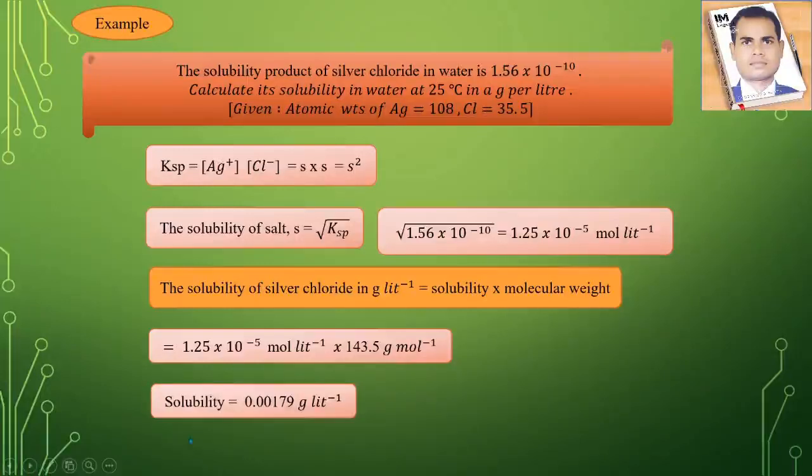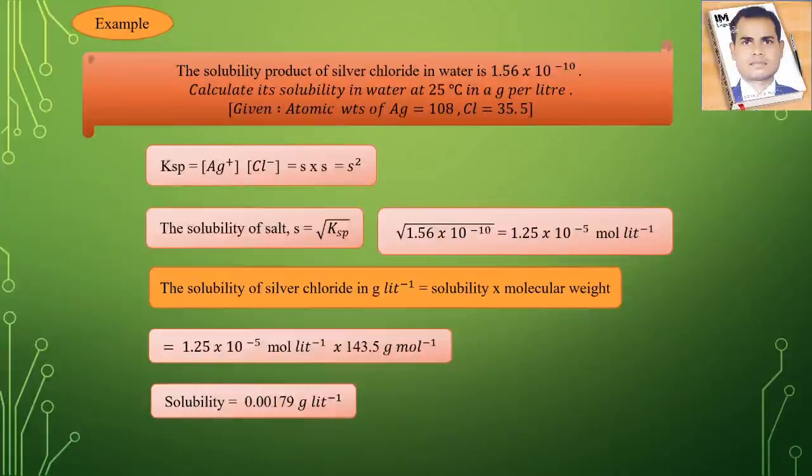After calculation you will get the solubility of silver chloride as 0.00179 gram per liter. So in this way we can easily calculate the solubility of different kinds of molecules with the help of Ksp and molecular weight.